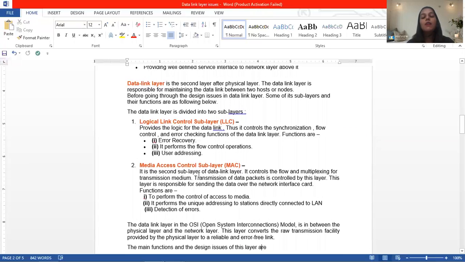The first function is access control. Second is unique identification, so that only one device is connecting over the channel over a particular period of time. And error detection. All three are functions of the MAC sublayer.